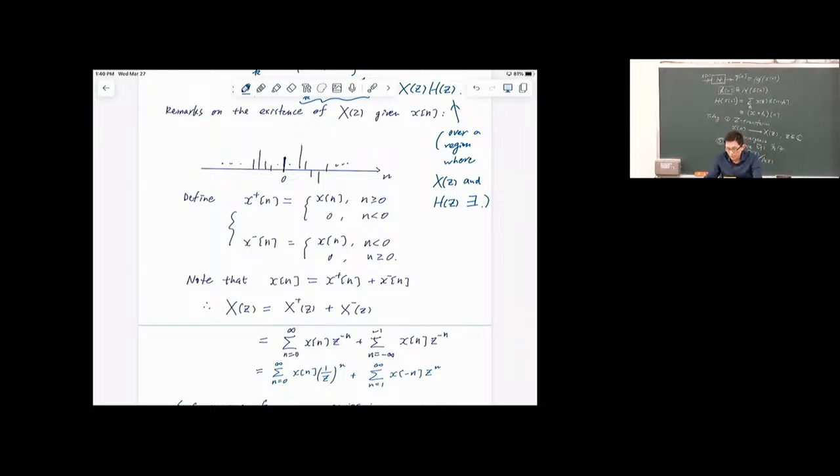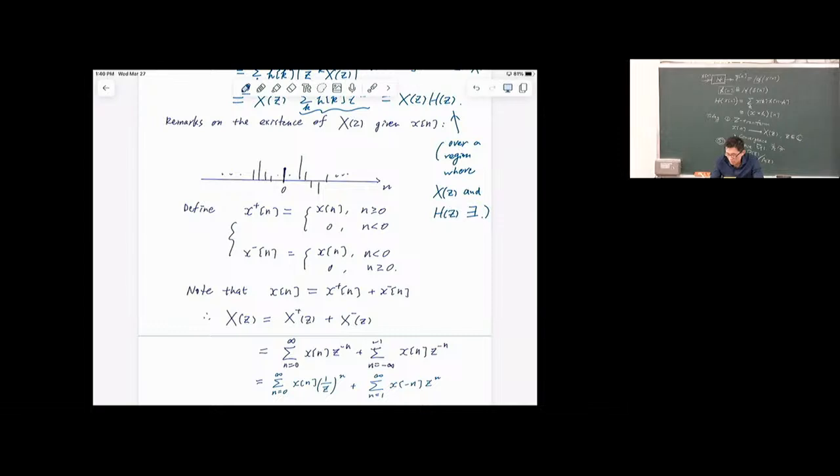So I'm going to suggest that we now introduce some useful notation. Here, we are going to define x plus, the plus part, and the minus part. The plus or minus indicates whether we are talking about positive time or negative time. What exactly is this?